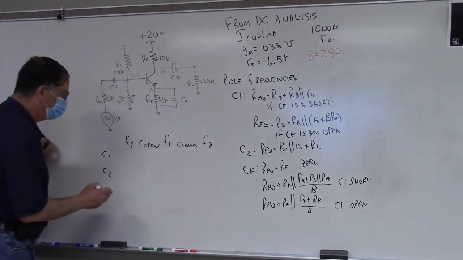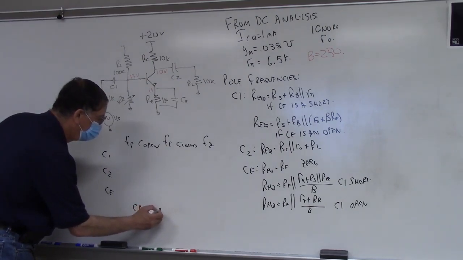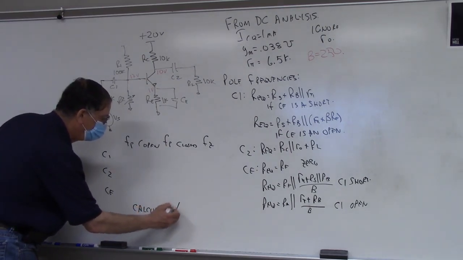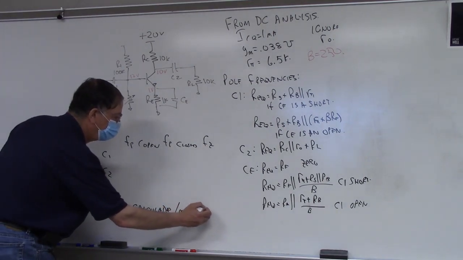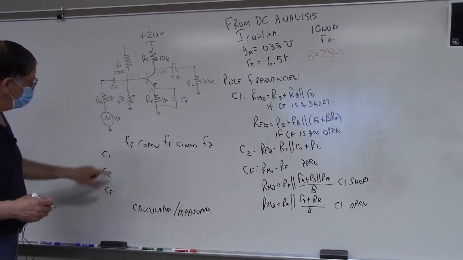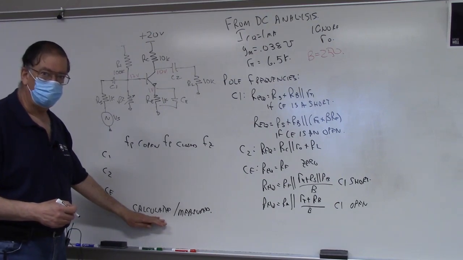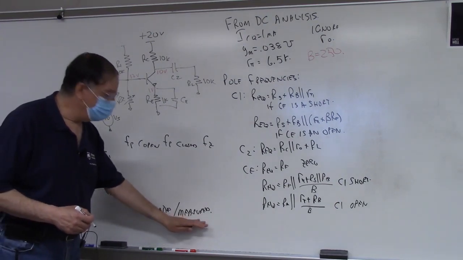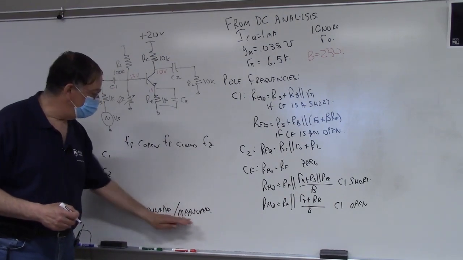And then we're also going to have a comparison of calculated versus measured. So in your table, you're going to organize C1 and C2 and CE under these conditions here, and you'll have your calculated pole frequency or zero frequency and your measured pole frequency or zero frequency. And then you're going to see how these two compare.